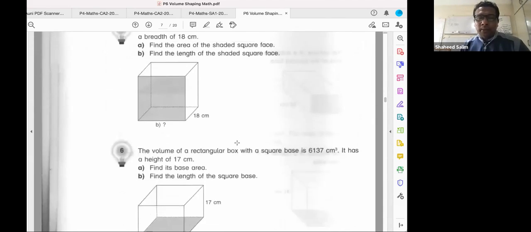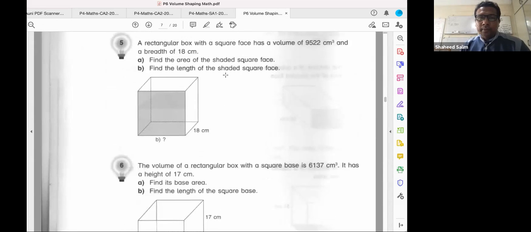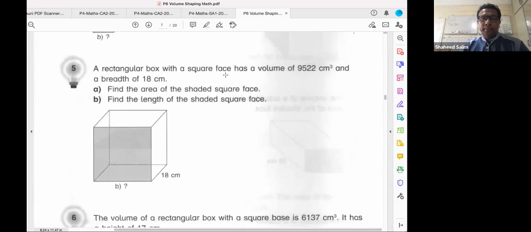Okay, we try now the next one. They tell you again, read carefully, square face. That means this one is a square. What is this? This is length times height. It's still area, no problem.